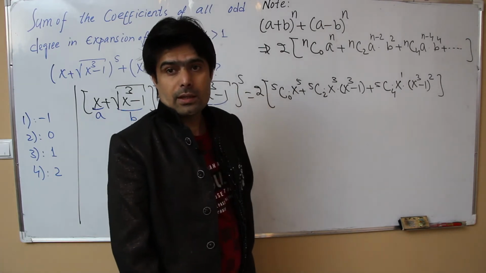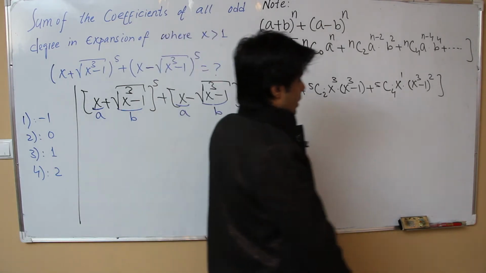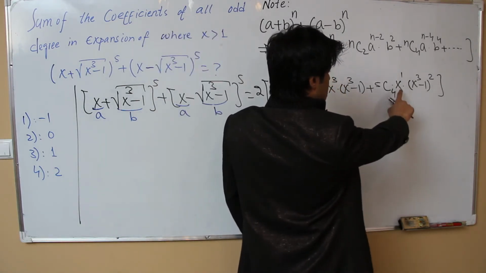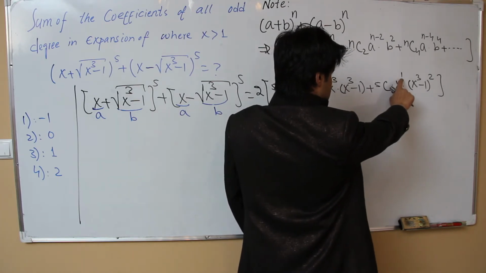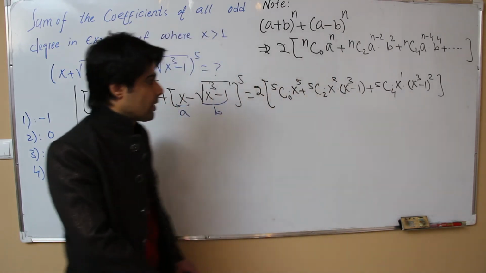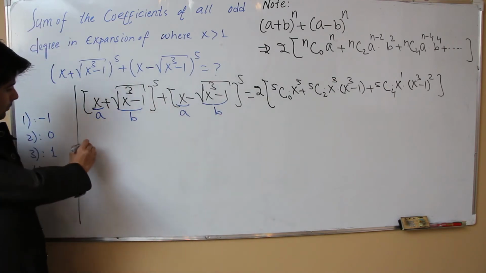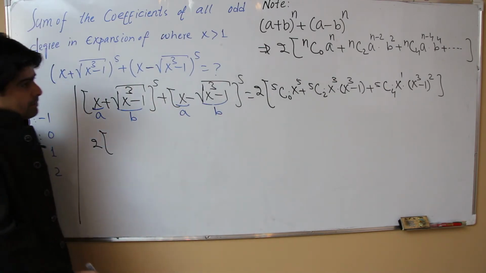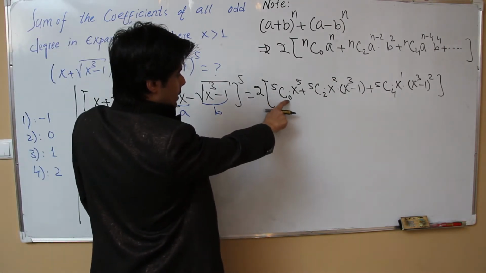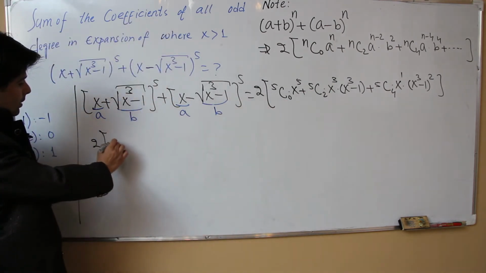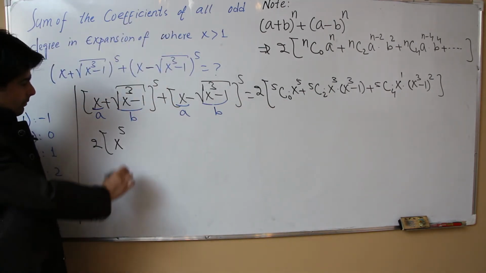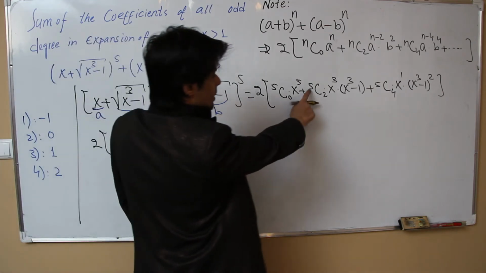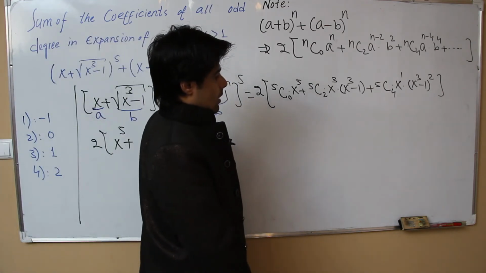You have to expand this expression up to where? Up to the power of a should be 0 or 1. Okay. Now, 2 times, what's the combination of 5 with 0? It's 1. 1 x to the power 5. Plus, what's the combination of 5 by 2?